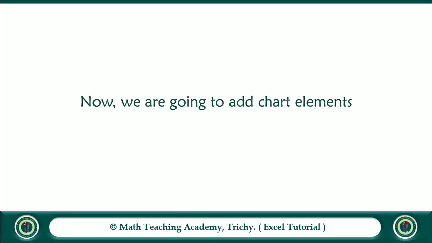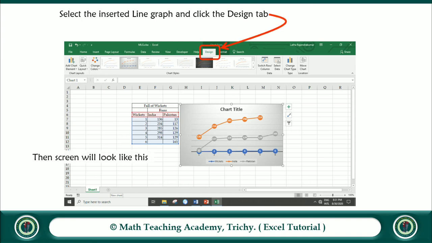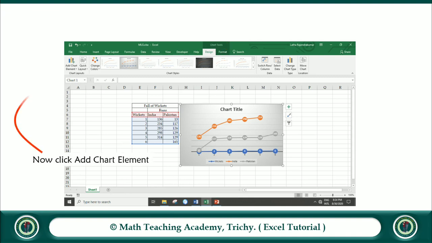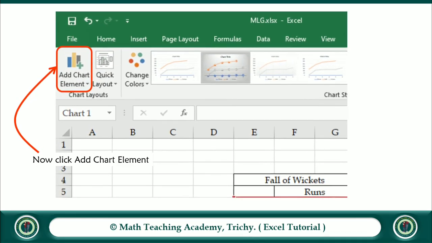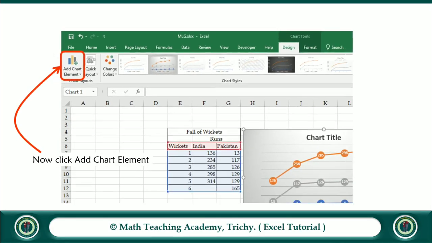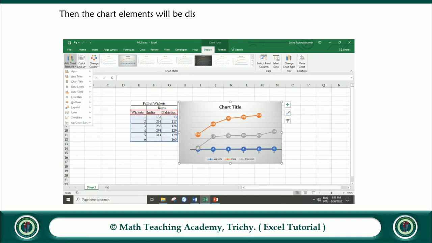Now we are going to add chart elements. Select the inserted line graph and click the design tab. Then the screen will look like this. Now click add chart elements. Then the chart elements will be displayed on the screen.